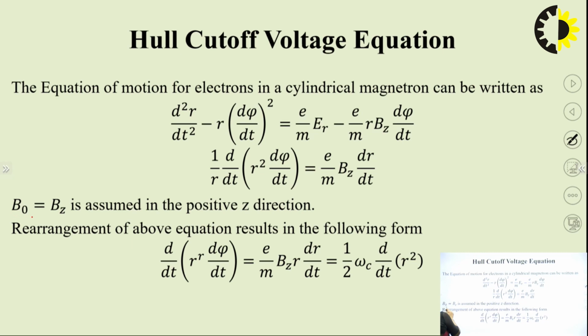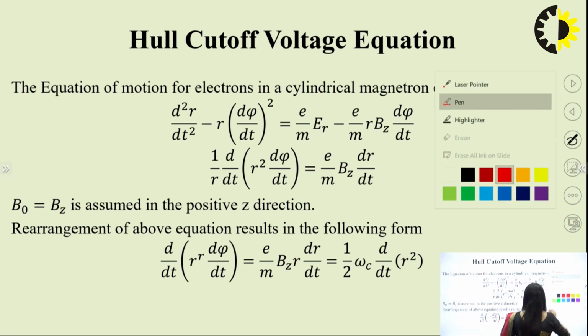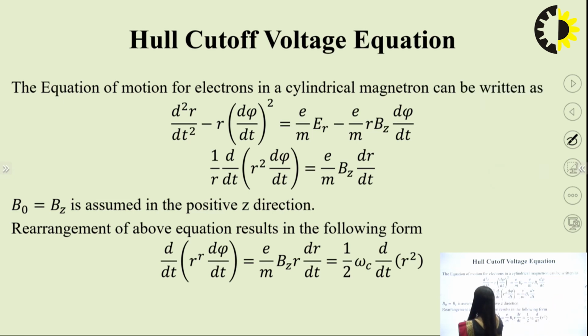So B naught is equal to Bz, and it is assumed to be in the positive z direction. It means the rotational movement of your electron is in the positive z direction.